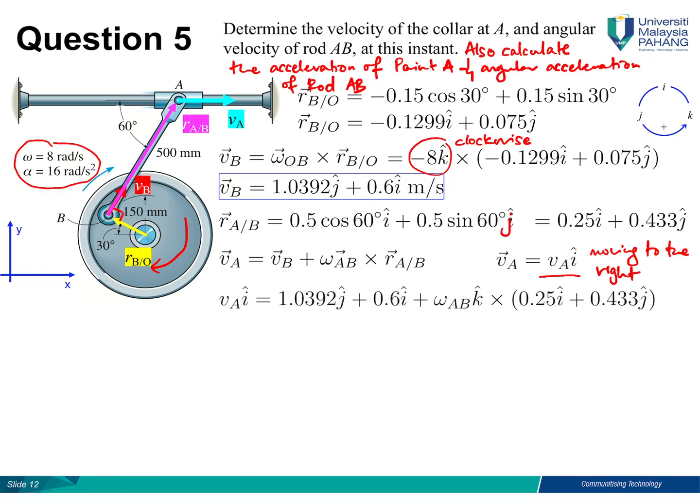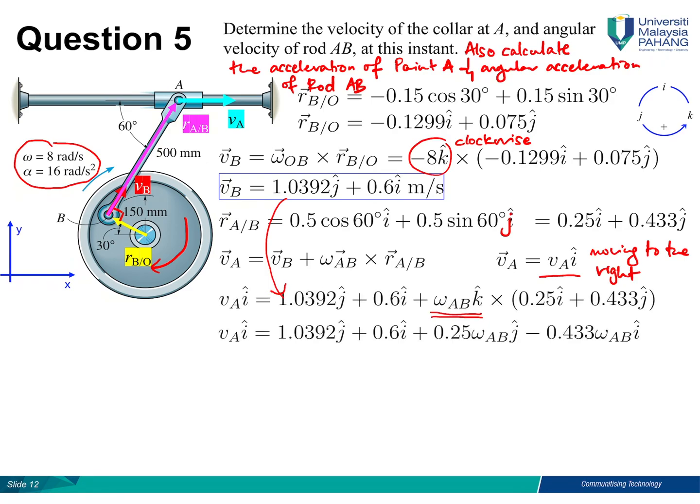All right, so then we will substitute the values. This VB goes here, omega ABK, this is unknown, so we assume that it is positive. Cross product RA/B.